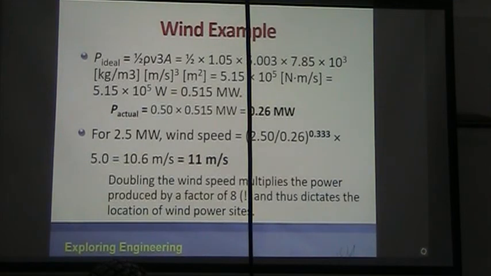And so we see they come up essentially with the same answer we did, but they go ahead and call it 11 meters per second. All right, so if we can just double the wind speed, that means we get 8 times the power because the velocity is cubed.